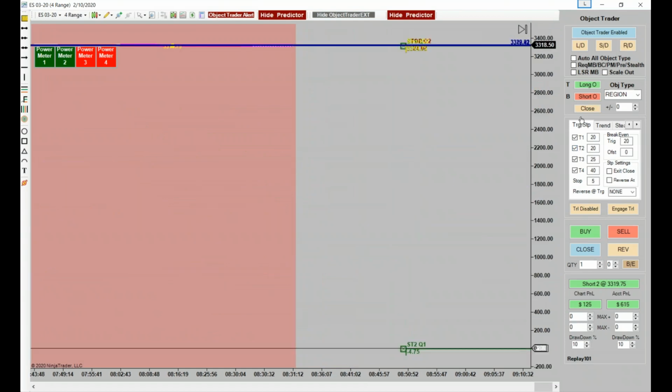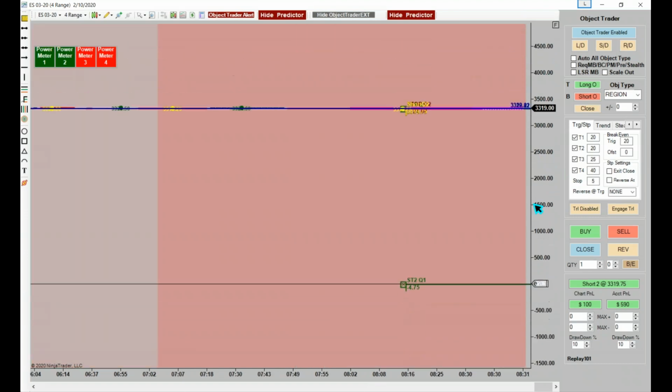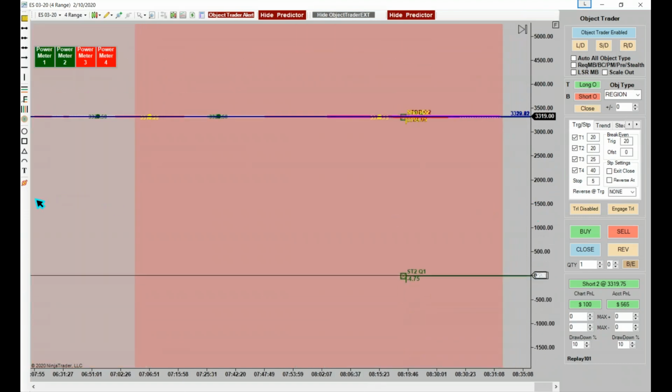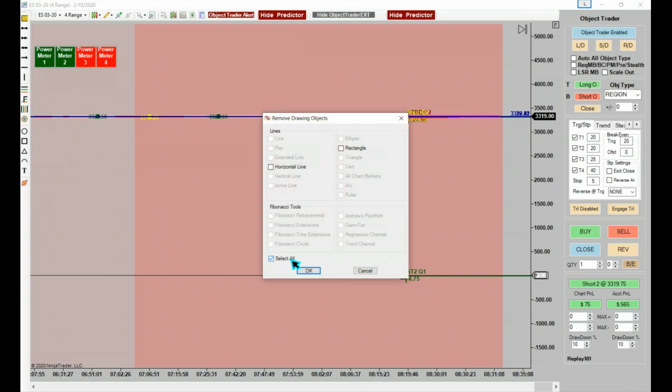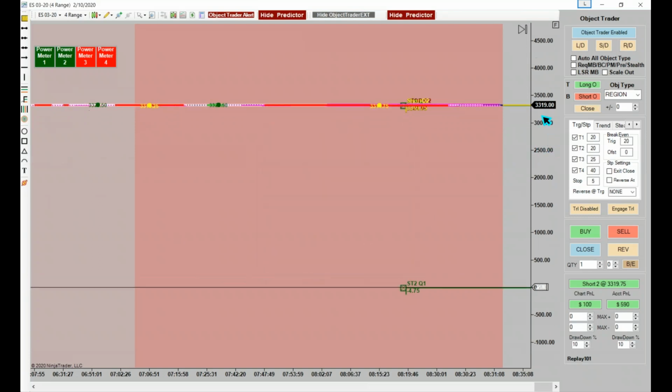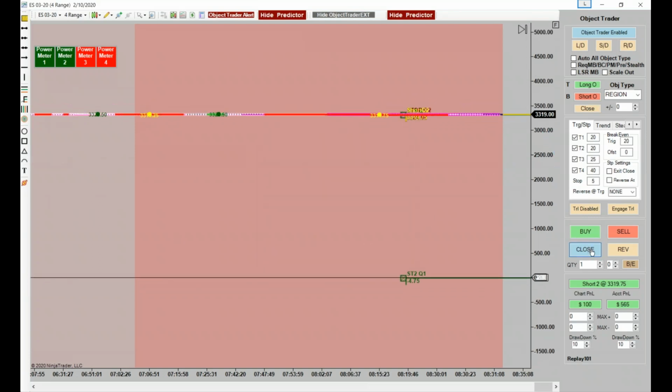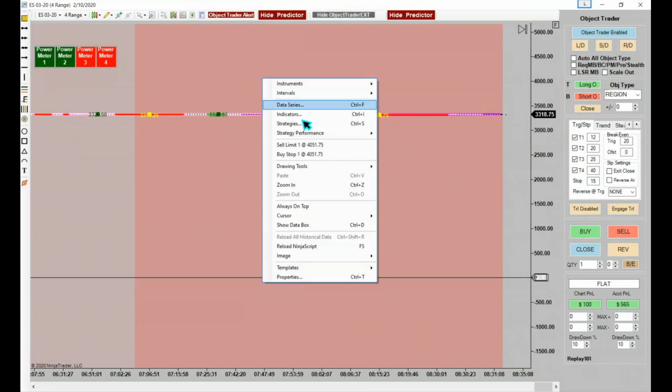Whoop. Let me get rid of, what in the world? Come on, Object Trader, what'd you do? Just 1 second. I got to get rid of something. I have put Object Trader in a tizzy. Let me close it and just restart my template.